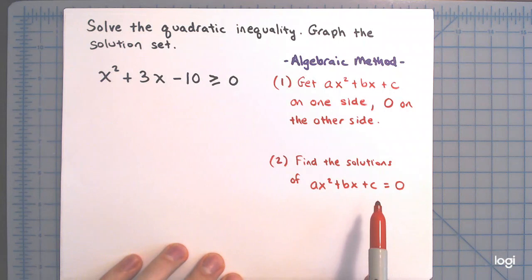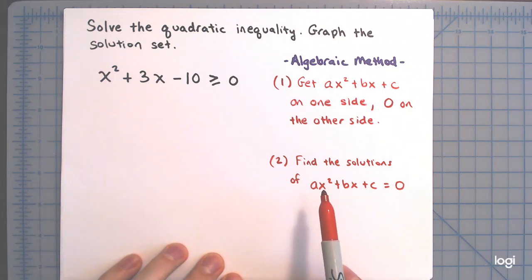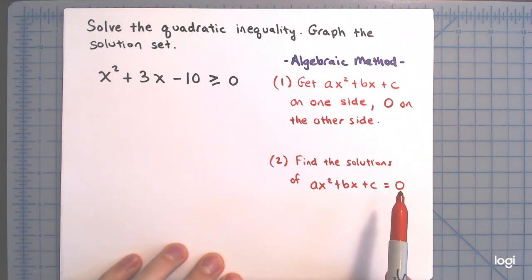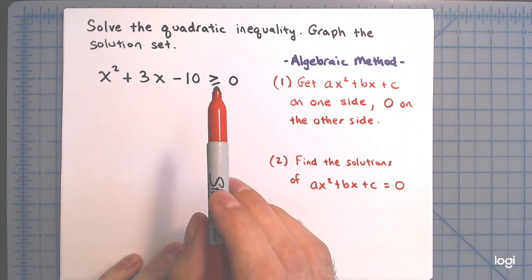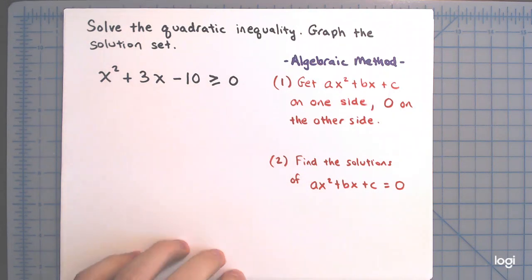I'm going to determine when this expression is equal to 0, and then from there it'll be easy to also determine where it'll be greater than 0 or less than 0 or undefined or not real. That's what I'm going to do right now for this particular example.